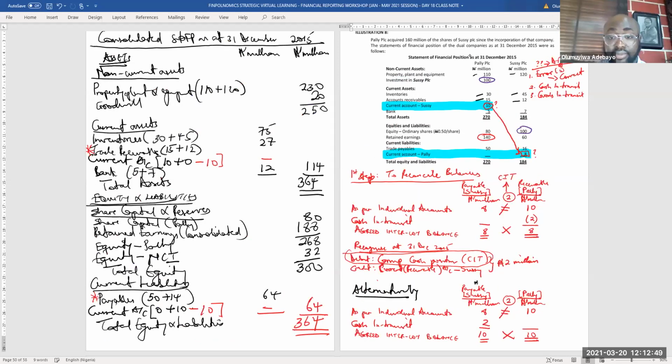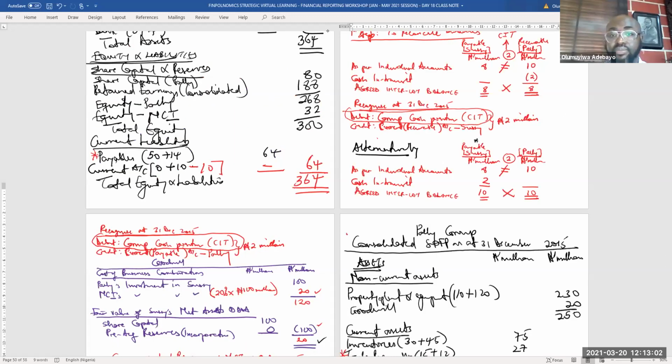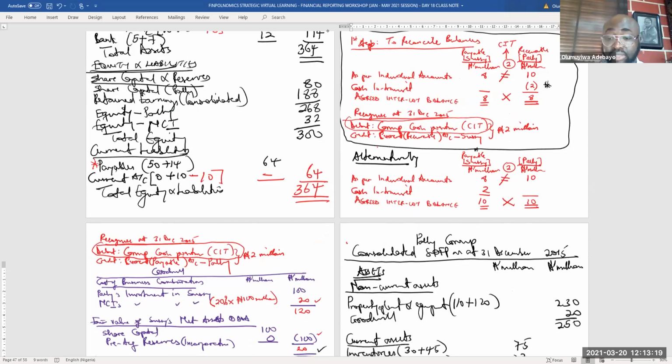10 and nil. But don't forget, there's an adjustment that we created here. Either of the adjustments, probably let's adopt this. Adopting this means we adjusted against our receivable by crediting it with 2, cash in transit. Therefore, I'll come here, minus 2.